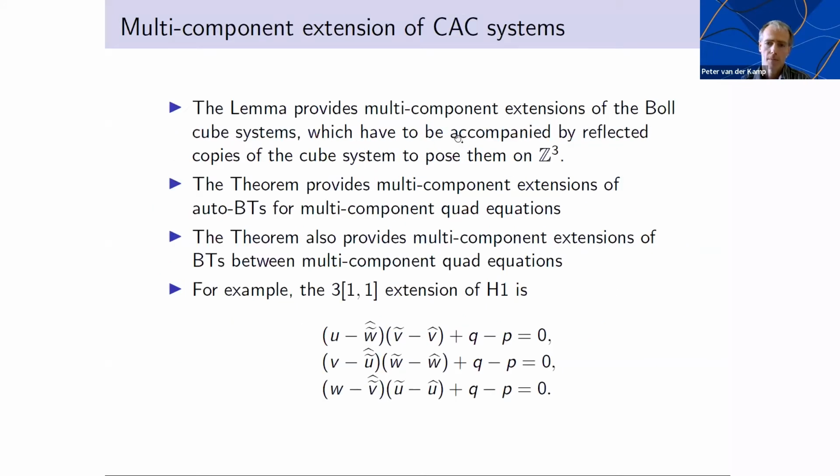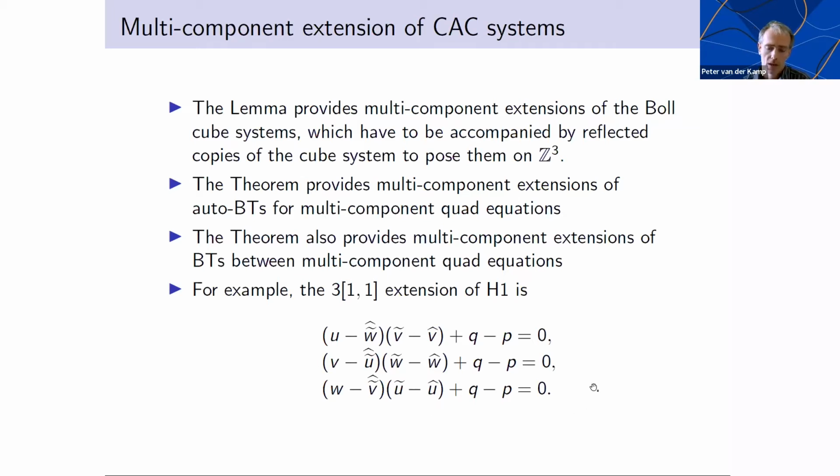So this lemma you can use to get multi-component extensions of the ABS cube systems, where you have 6 different equations on the cube, but you need the theorem to generalize outer Backlund transformations for multi-component quad equations, or non-outer, just Backlund transformations between these equations.